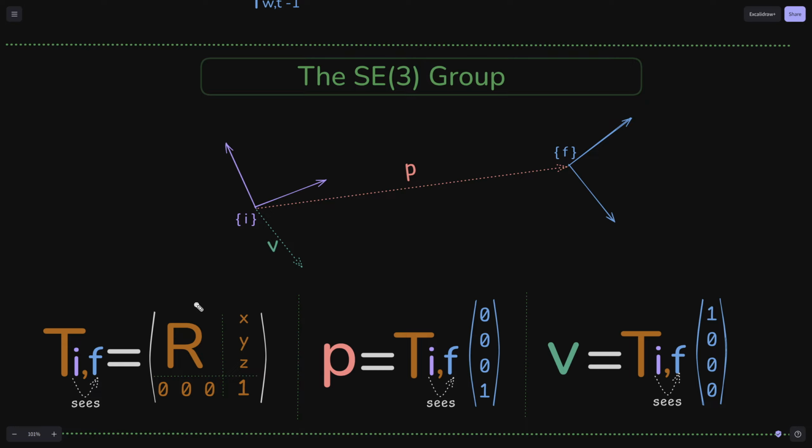And for this tutorial, I will use mostly the representation of the 4x4 projective matrices, but in principle all the Lie groups are representation agnostic.